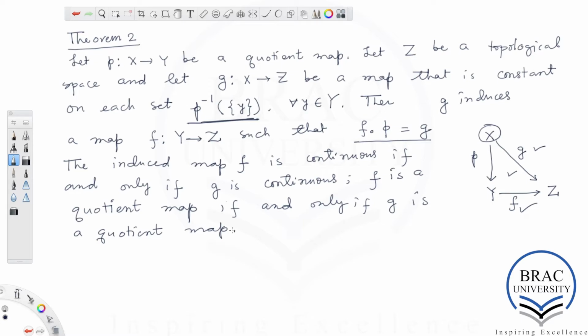It is a very important result that we are going to use on several occasions in the rest of the lectures. So the proof is omitted. The interested readers can refer to the book by Moncrieff for the proof. It essentially tells us that the property of the induced map F actually depends on the property of the given map G between the topological spaces X and Z.